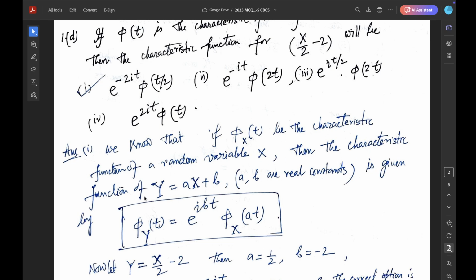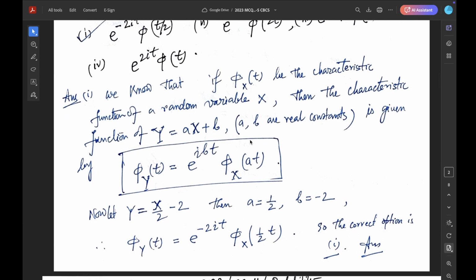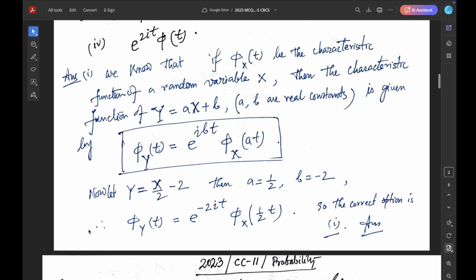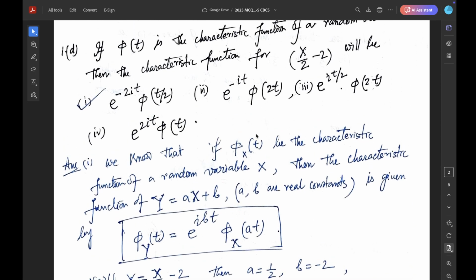Then the characteristic function of y equal to ax plus b, where a, b are real constants, is given by phi_y(t) equal to e to the power i b t phi_x(at). This is the characteristic function of x and this is the characteristic function of y. Now here the random variable is x by 2 minus 2.